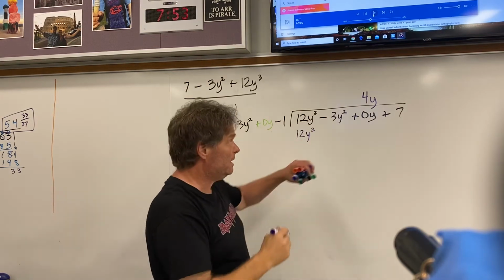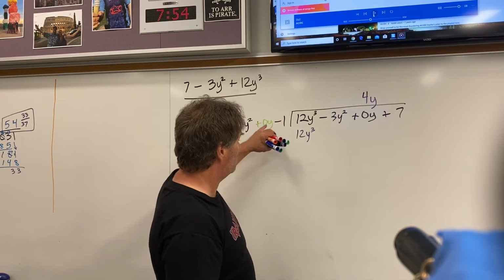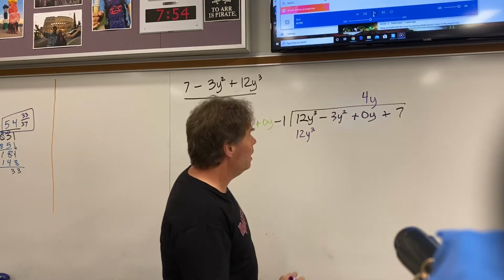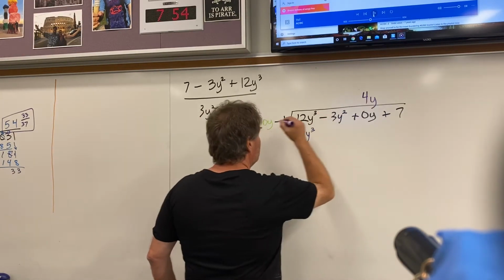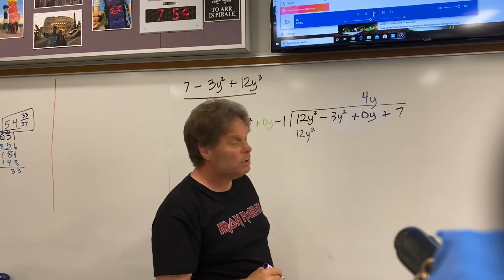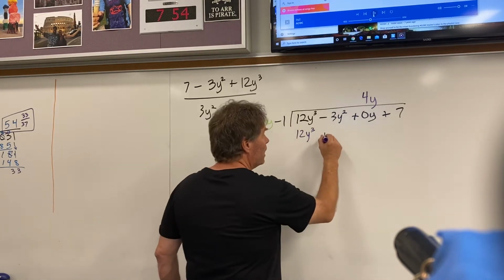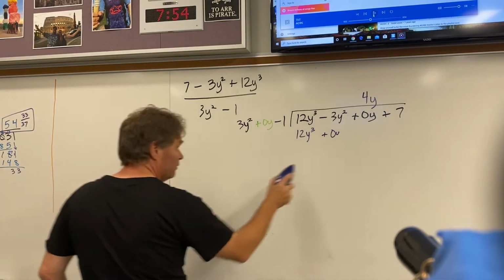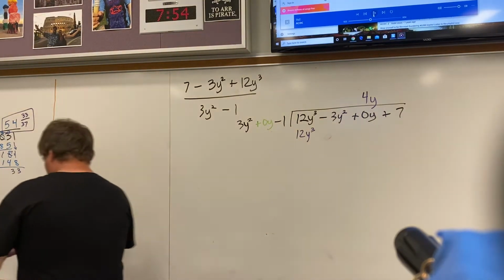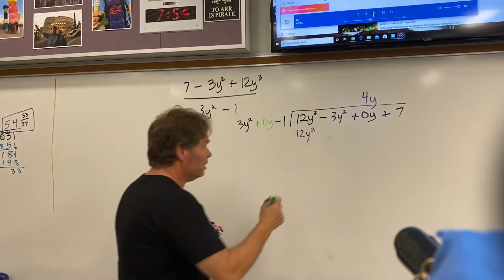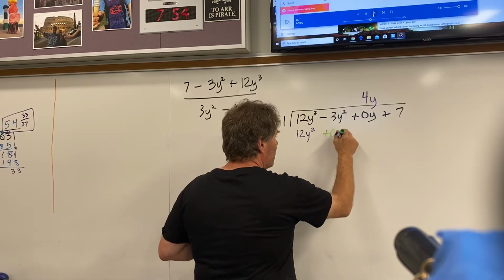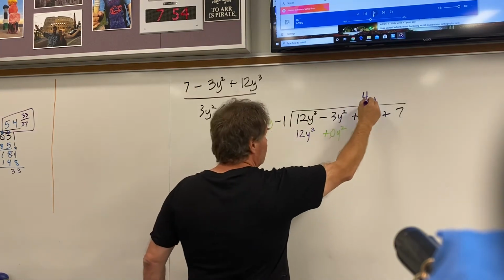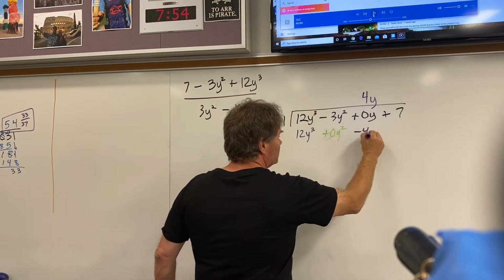Now, the next step. If I put the oi here, look what happens. 4y times 0y. Well, 4 times 0 is 0. Y times y is y squared. So it becomes 0. I could put plus 0y squared. In fact, I'm going to put that in the green because I'll show you why. In that ugly green, you can hardly see, plus 0y squared. And then finally, it's going to be 4y times negative 1 is minus 4y.